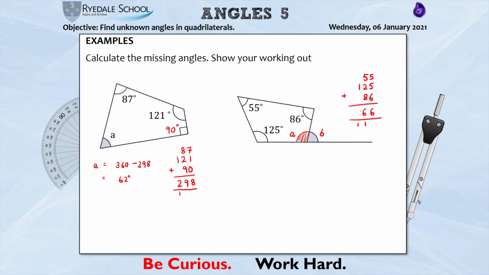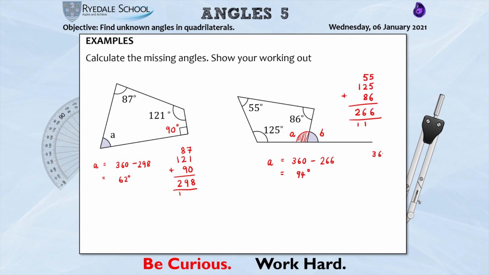And an extra 1 makes that 266. So I can work out what I've called angle A by doing 360, take away 266. And again use a place value method if you want to, is 94 degrees.